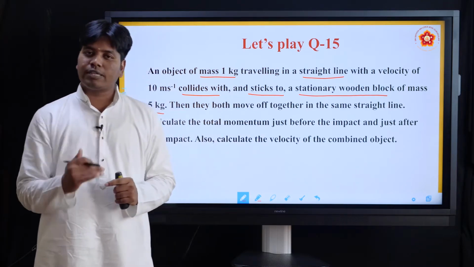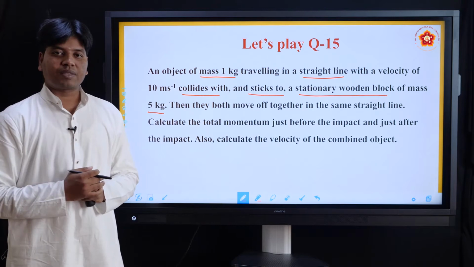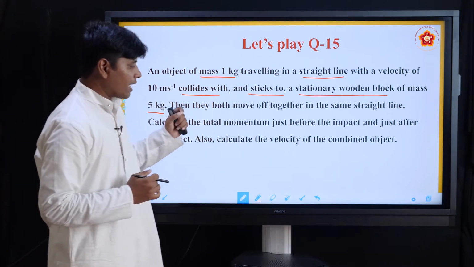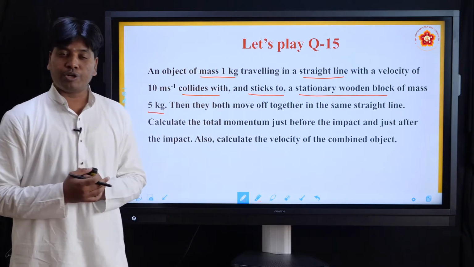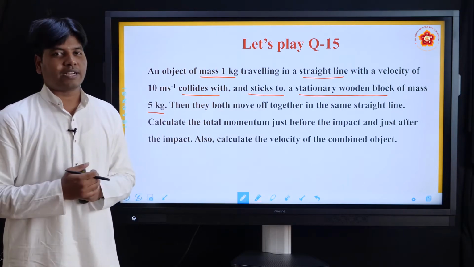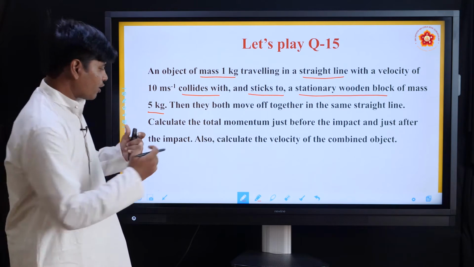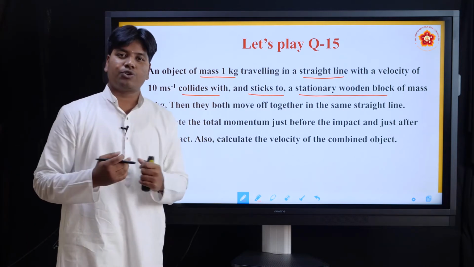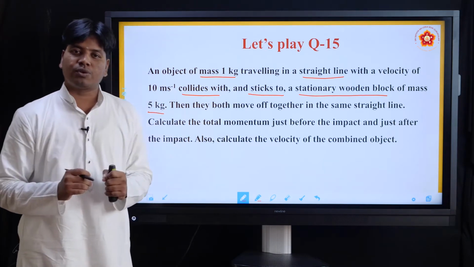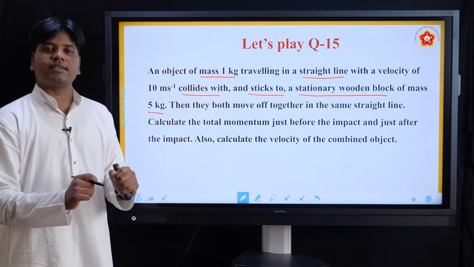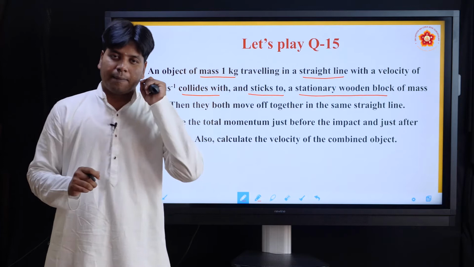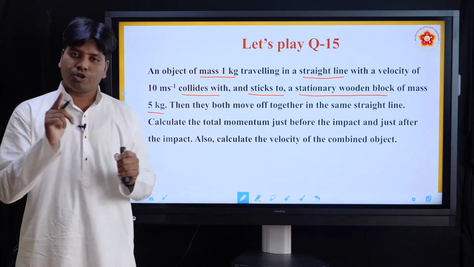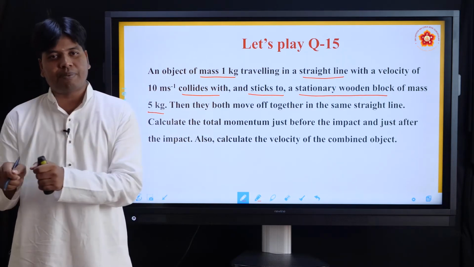So just before the impact and after the impact, if he is asking us to calculate the momentum, do we know that? We already know that, right? We may not know the exact magnitude of the momentum, but we always know that when there is no external force acting on our system, then the momentum before the impact should be equal to the momentum after the impact.